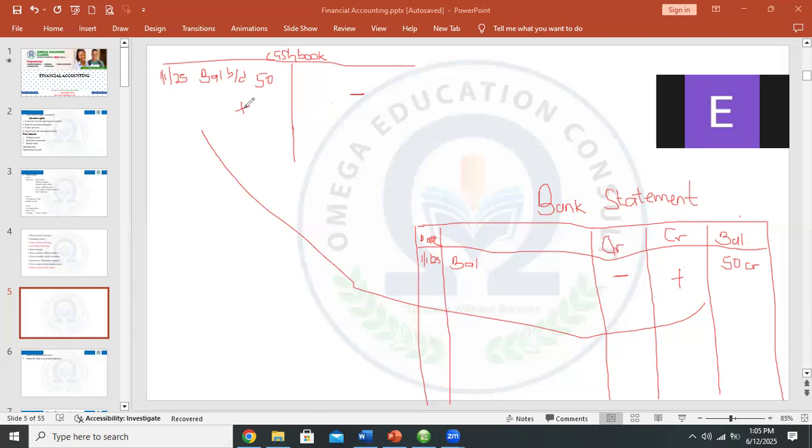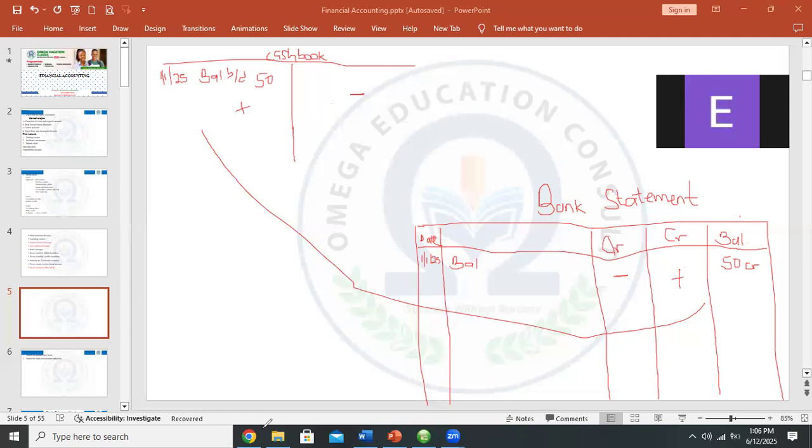So the ultimate effect regarding the relationship of the cash book and the bank statement is that while you are debiting your receipt, the bank will be crediting that receipt. Because eventually when you receive that check, you give it to the bank to keep for you. So the bank acknowledges you, the customer, as a creditor. That's why when they receive from you, they credit your account. I don't know if that makes sense, Adam. Yes. Thank you.